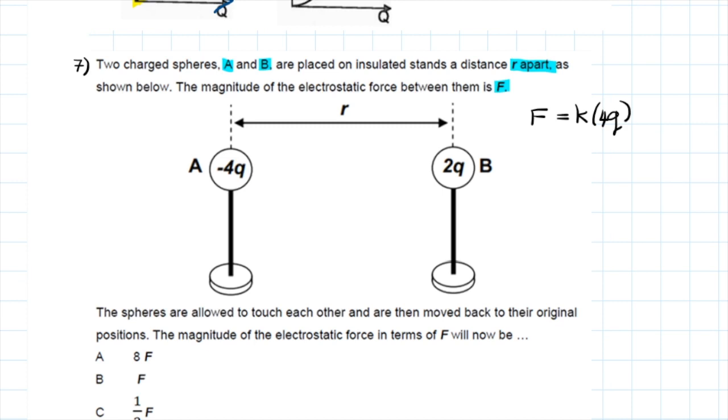We leave out the negative, and this is multiplied by 2Q, the charge on B. We take all of this and divide it by the distance between them squared.